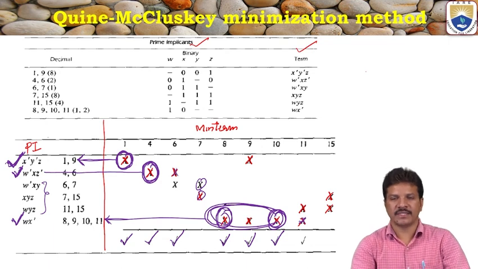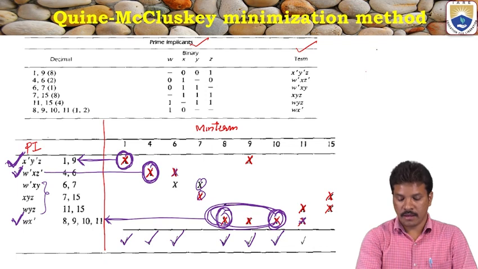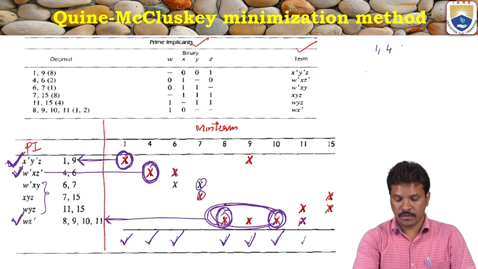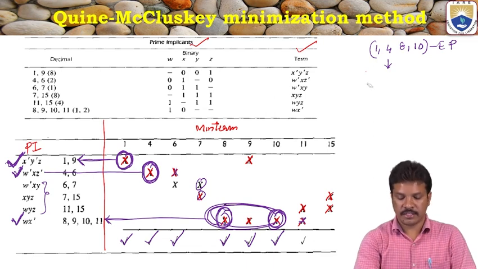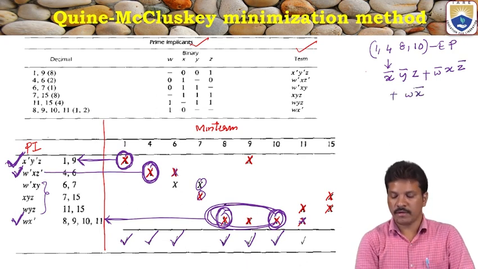So the essential prime implicants for 1, 4, 8, 10 make the minimized Boolean function x bar y bar z plus w bar x z bar plus w x bar.